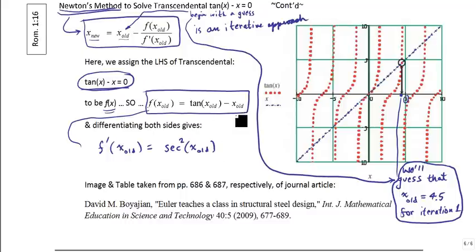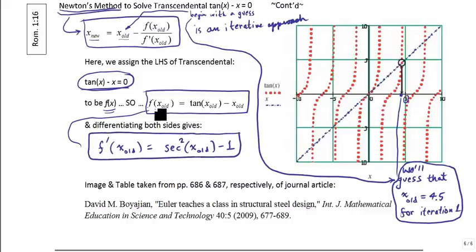The derivative of x, or minus x in this case, is just minus 1. Okay, so here we have, in these boxes, the function value f of x old, and its derivative f prime of x old, and those are the things that we needed to solve Newton's method up here. Okay, so let's go ahead and try this out for size.